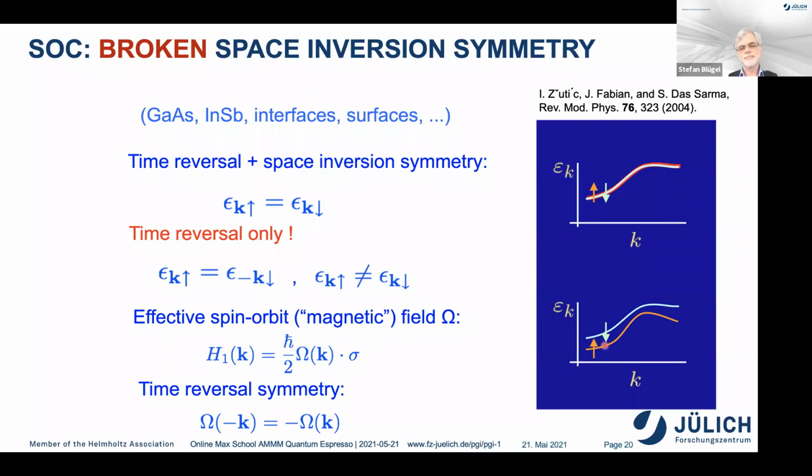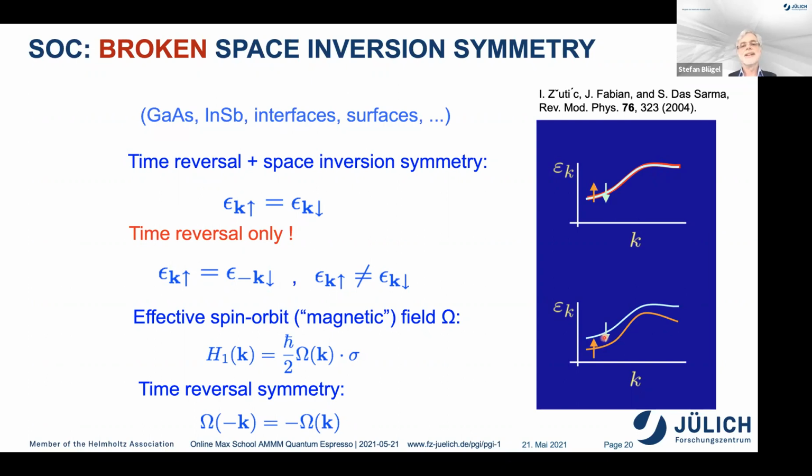What does it mean? It means this electron might have never heard about the spin orbit interaction. But what this electron understands is that its counterpart, the spin down electron or the spin up electron, has not the same energy for the same K point.